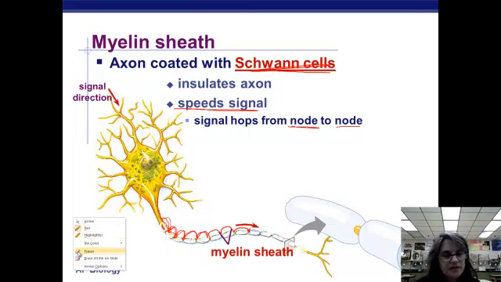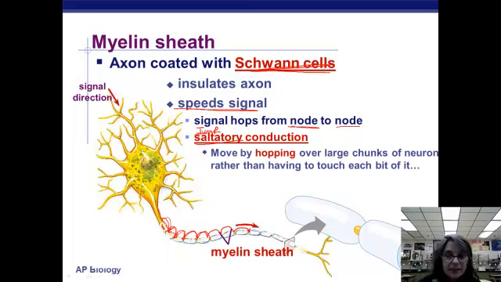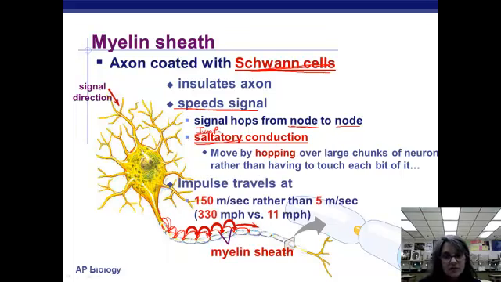Okay, so this is called saltatory conduction. Saltatory simply means to jump, jumping conduction. We're jumping over large sections of the axon with this. By hopping over, rather than having to touch every single little bit of the axon, we accelerate that nerve impulse.